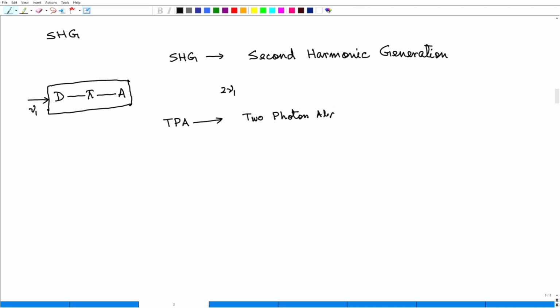Two photon absorption coefficient, okay.